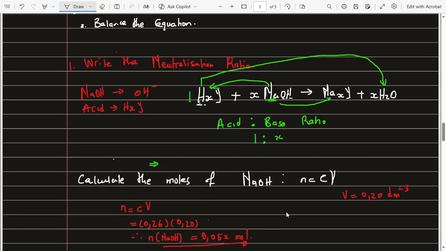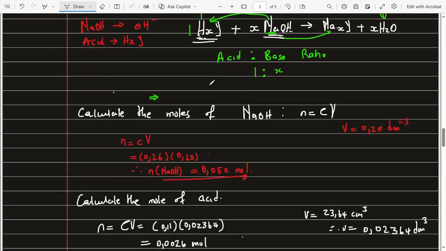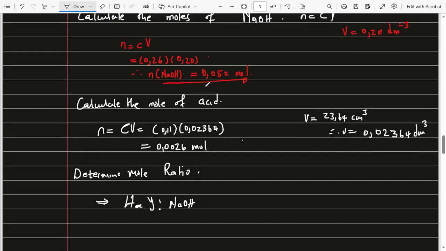The HXY and the sodium hydroxide, that is 1 is to 2. So we know that. Let me write this down. What do we know? We know that the mole of an acid was 0.026, right? And then the mole of the base, we just found that to be 0.0, I think there were 2 zeros. 0.0, is it 52?